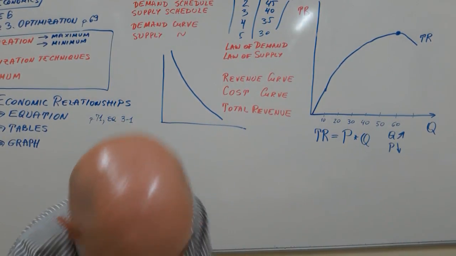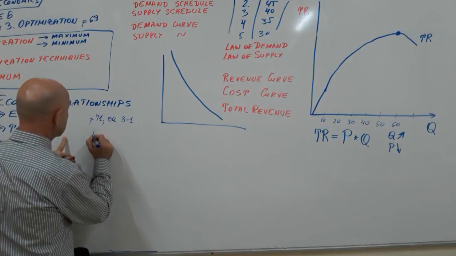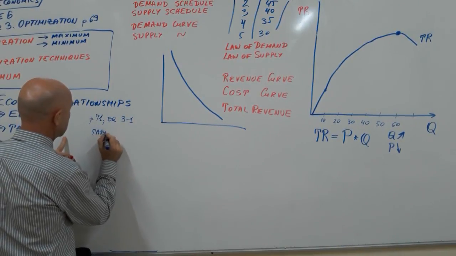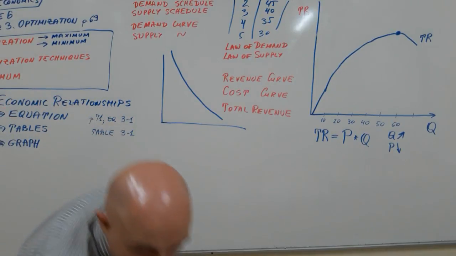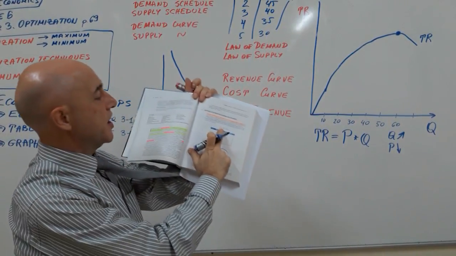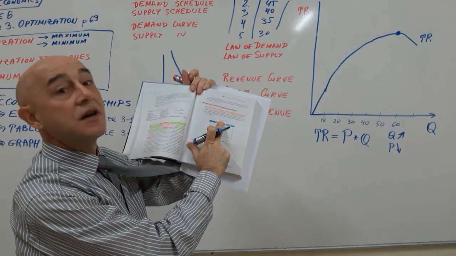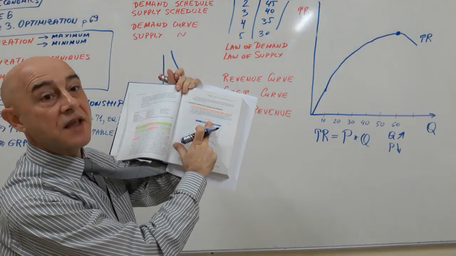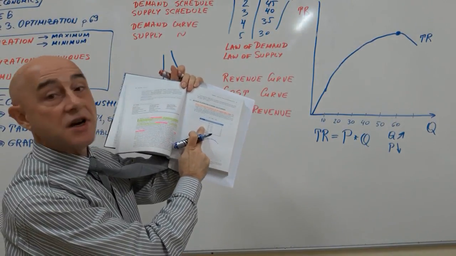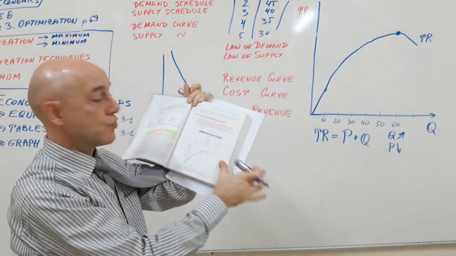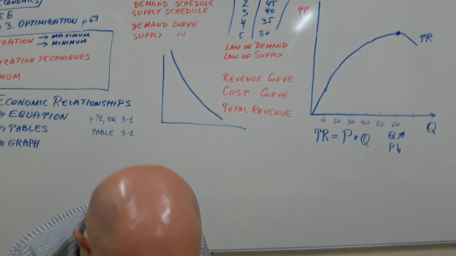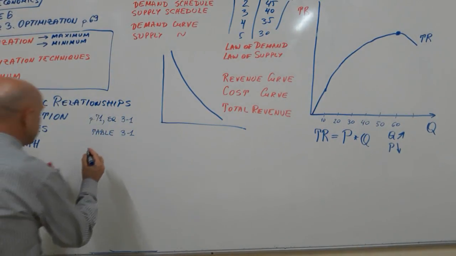Next one will be the table, and it's table 3(1). Again, this is the equation here. Total revenue is 100Q minus 10 times Q squared. This is the table, okay? You're gonna take a look at it, and this is a graph, okay? And that's figure 3(1).